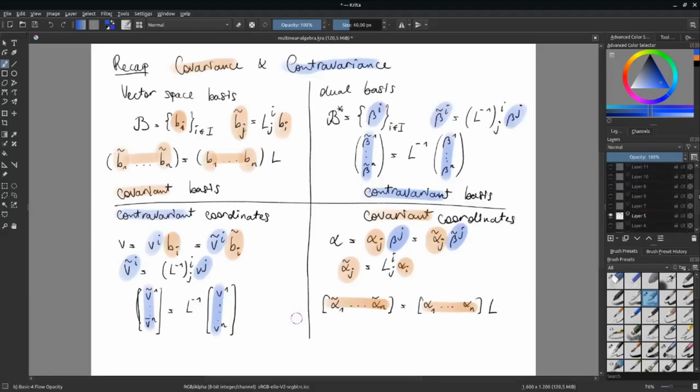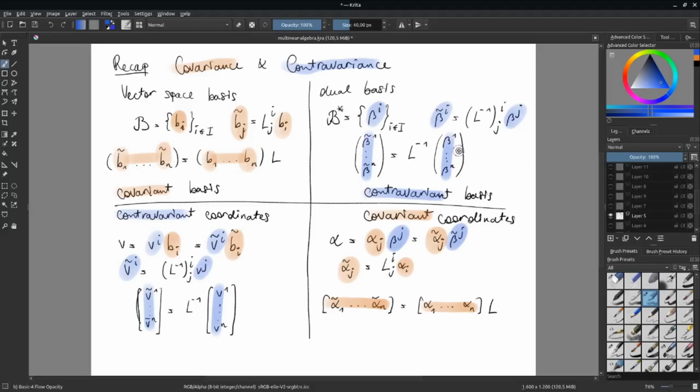So far, so good. So, recap, and forgive me for insisting on this, but I know from experience that this is something that trips people up. People get really tripped up about this, so it's important to get the hang of it. My vector space basis can change with some matrix L. I have my dual basis, which will change with L minus 1, the inverse.